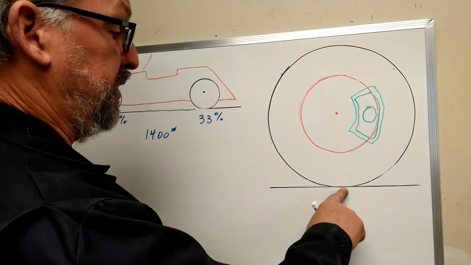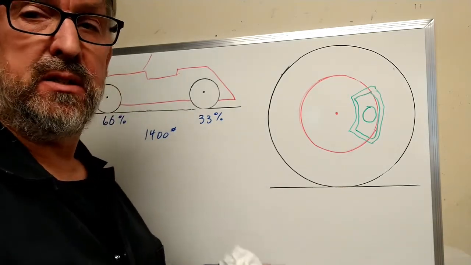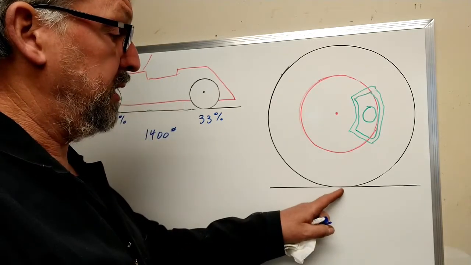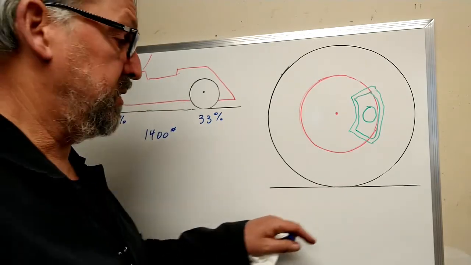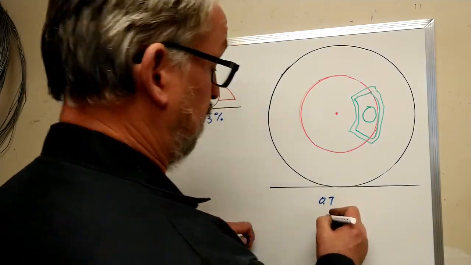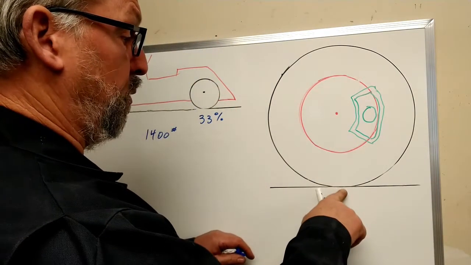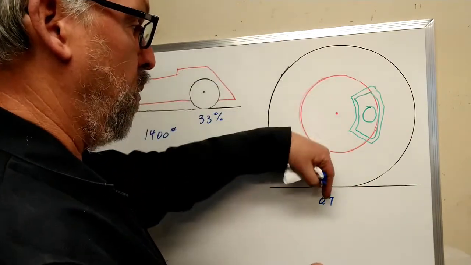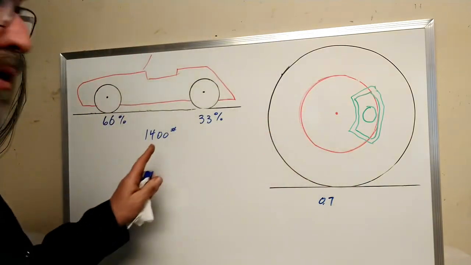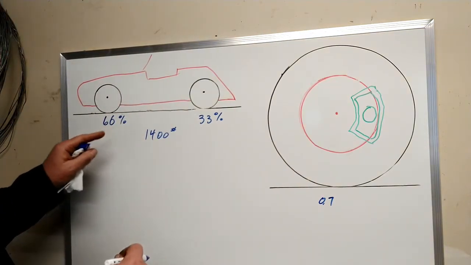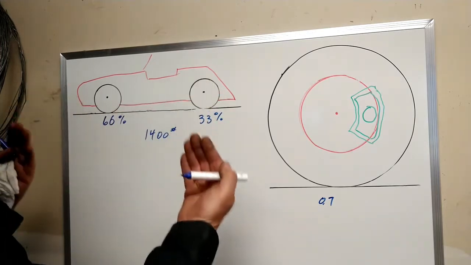The friction coefficient for a decent tire on asphalt is about 0.7, something like that. And then of course, how much weight is pushing down is 1,400 pounds total, so 700 pounds on each side of the car.